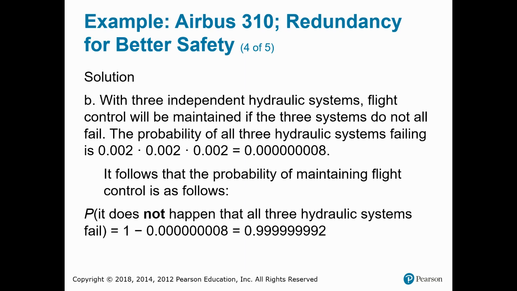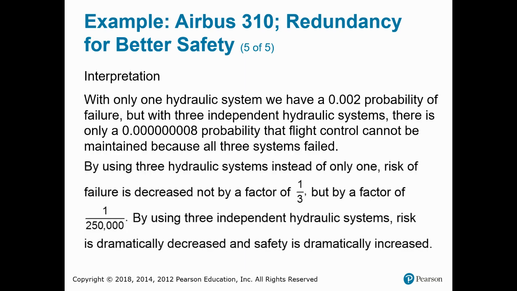Is this better or worse than the 0.998? It's a lot better, really. It's almost certain that it will work, right? But that's the idea of that redundancy. So here we're taking that probability and figuring out the probability of at least one of those working.